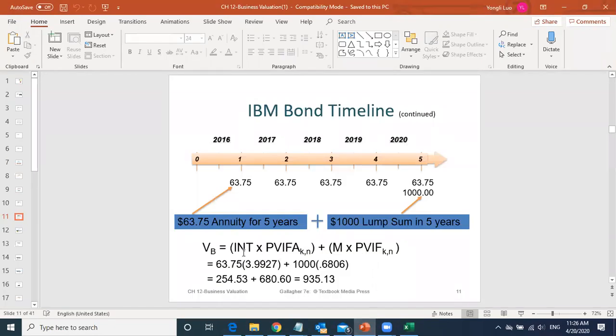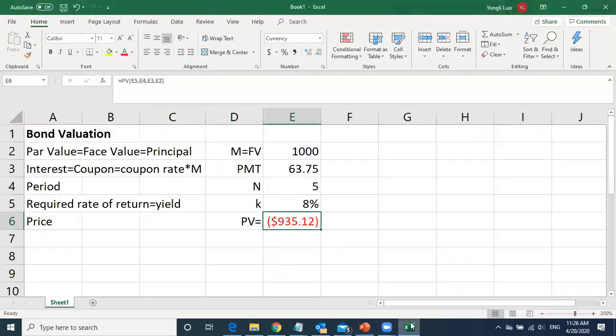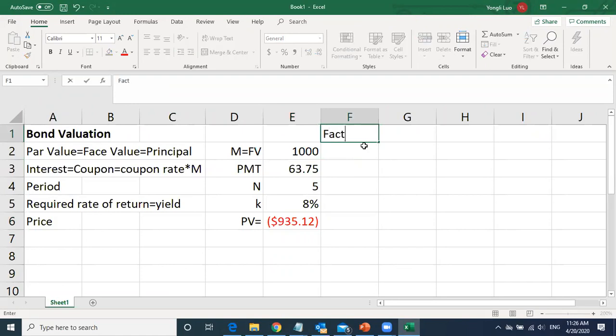The factor table has two parts, and you get the factor from the factor table. We got this one from table A4.